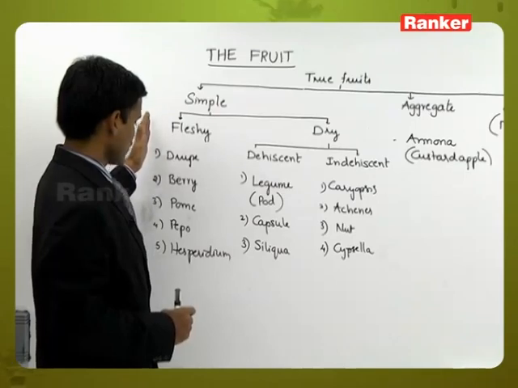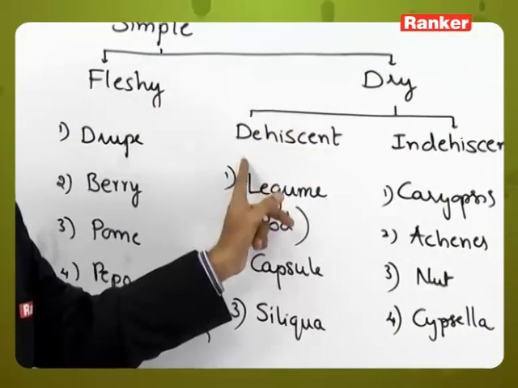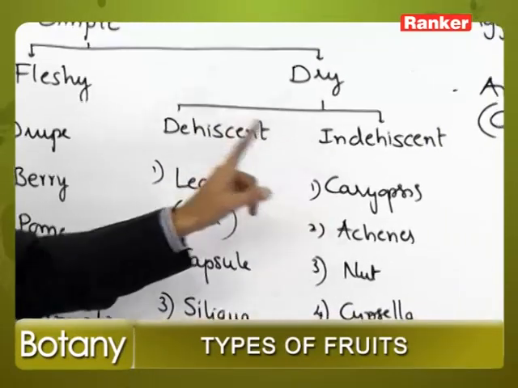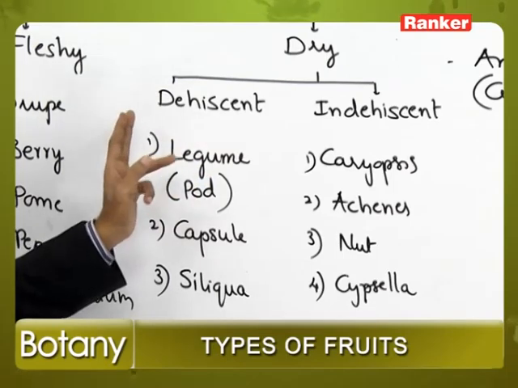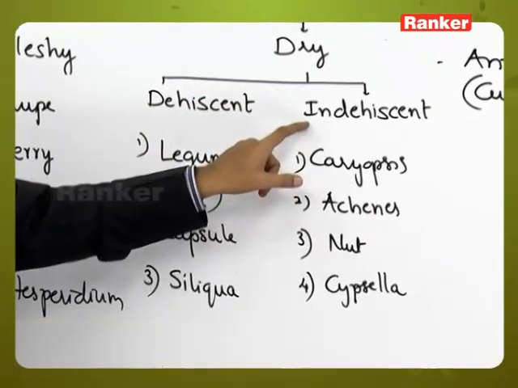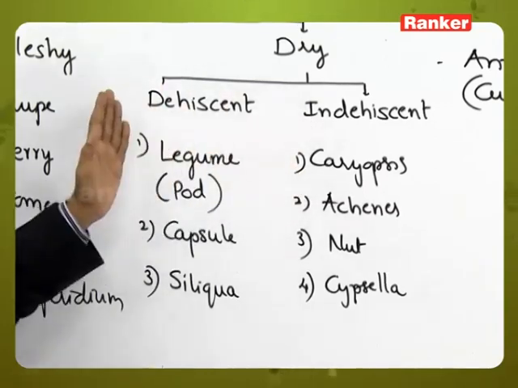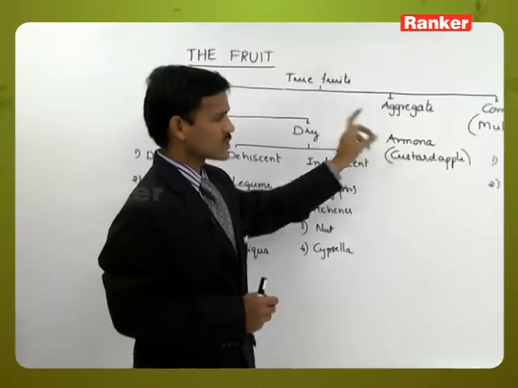Fleshy fruits are again of 5 types. Dry fruits are again classified into 2 types, dehiscent and indehiscent, based on breaking or splitting. At maturity, if the fruit dehisces, that is dehiscent, or if it is not showing dehiscence, it is indehiscent. Again, these are 3 types, and there are 4 types.